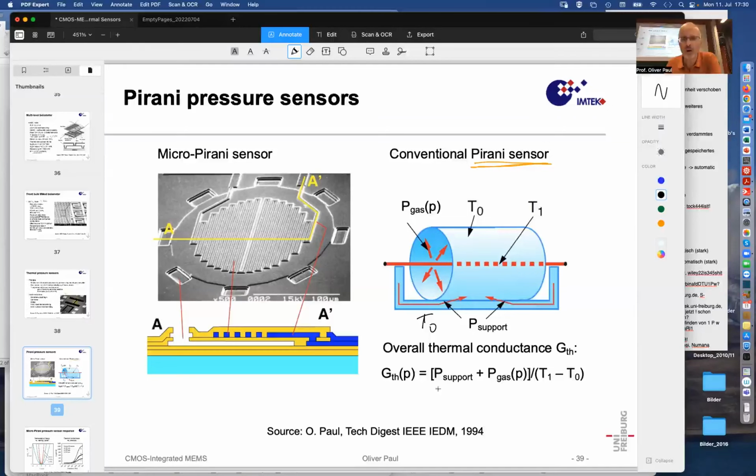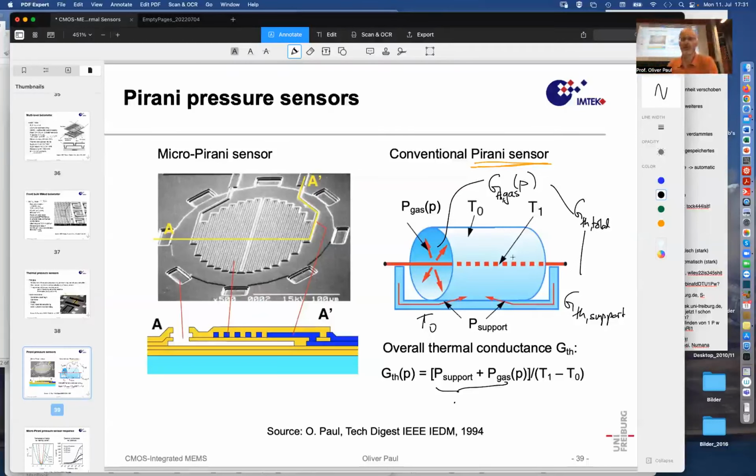So there is an overall thermal conductance, the thermal conductance by the gas, G_th,gas, which depends on the pressure. And then we have the thermal conductance by the supports, which will not depend on the pressure of the gas.